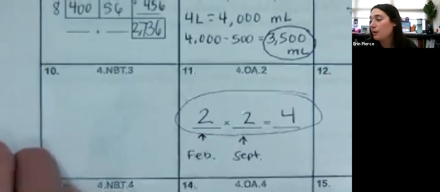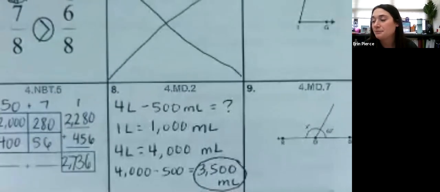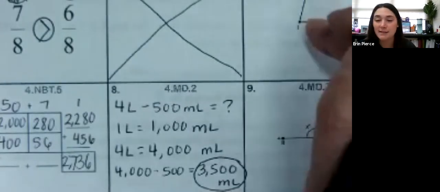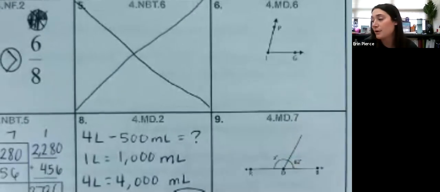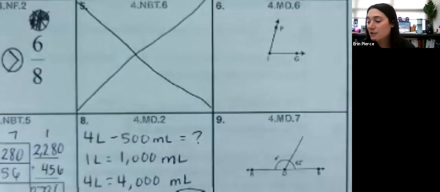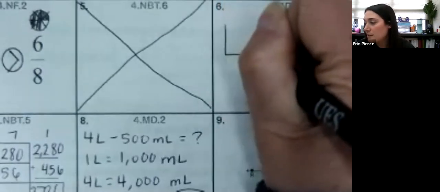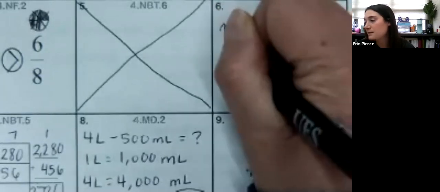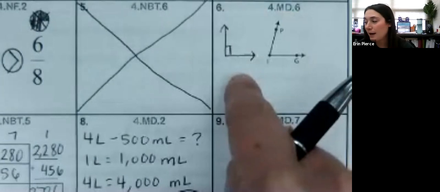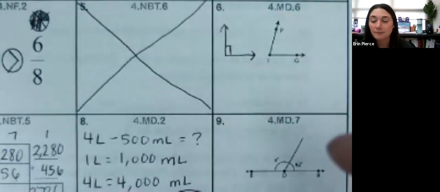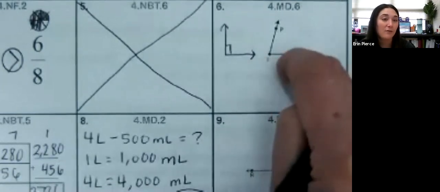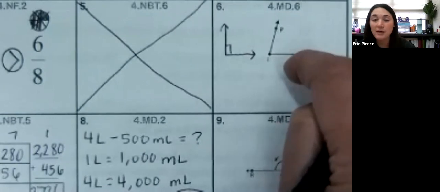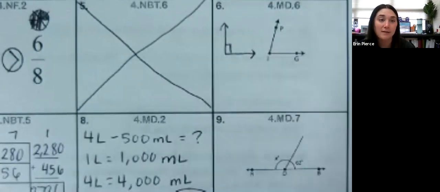The only one that I really want to touch on that we haven't is number 6. And this one's kind of hard until we get into measuring angles. I just want to show you something. If I have a 90-degree angle, that's a right angle. It looks like this. So if you know that a right angle looks like that, you're asked, is this 15, 45, or 75? What do you think is the closest answer choice?